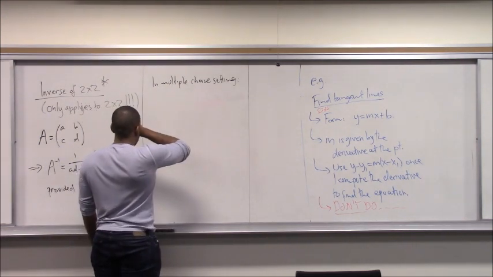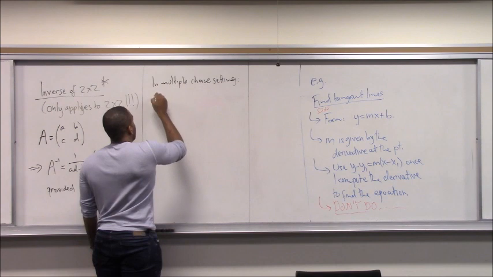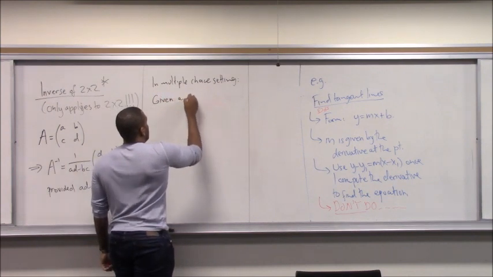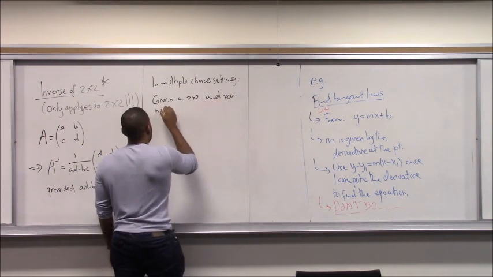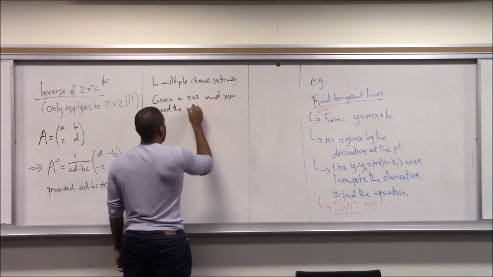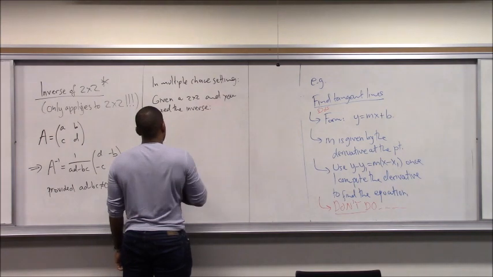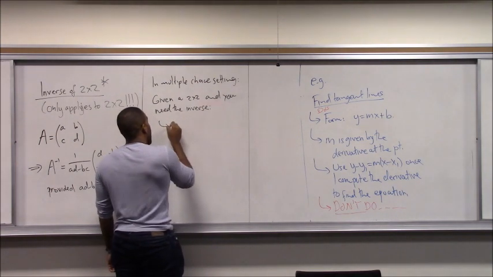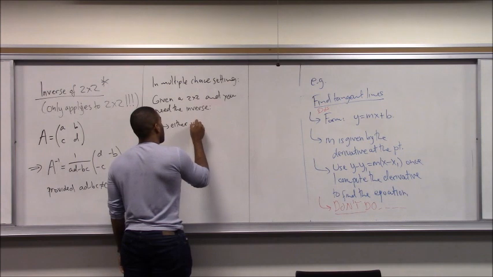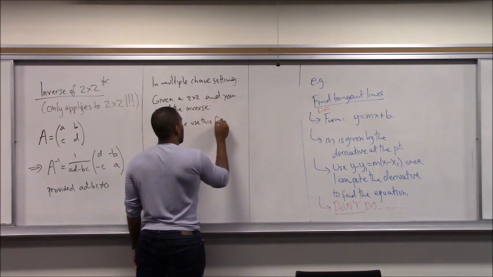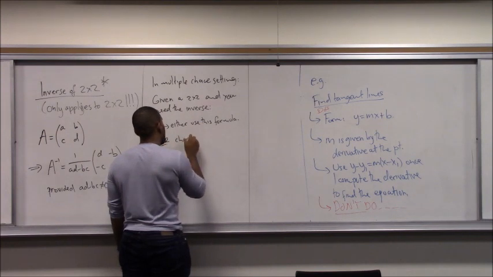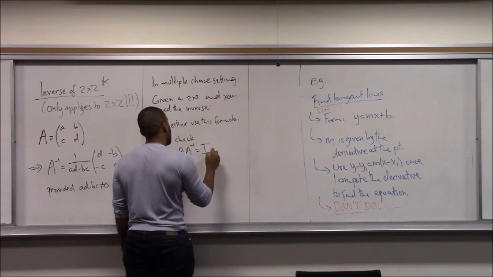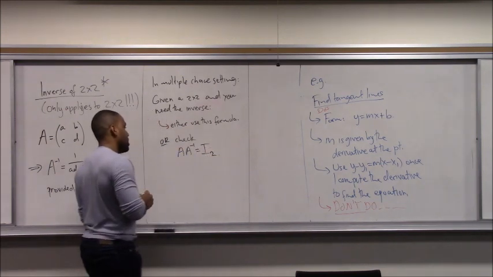In the multiple choice setting, if given 2 by 2 and you need the inverse, you can either use this formula or you can check the equation that gives you the identity, which in this case is the 2 by 2 identity.